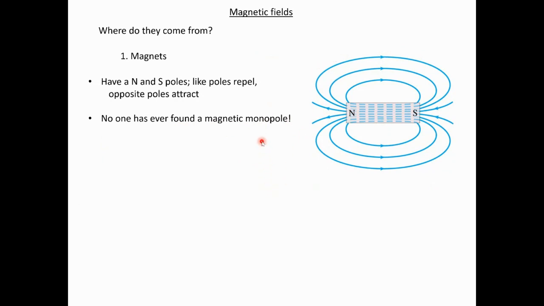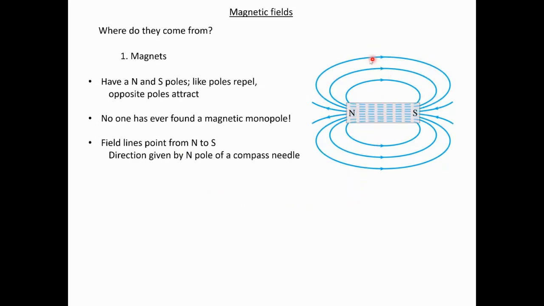Electric fields, remember, do have electric monopoles. Those are positive and negative charges. And you'll remember that the electric fields begin and end on charges. Because we have no magnetic monopoles, the magnetic field lines are always in loops. The field lines point from the north to the south, as you can see on the outside of the magnet.